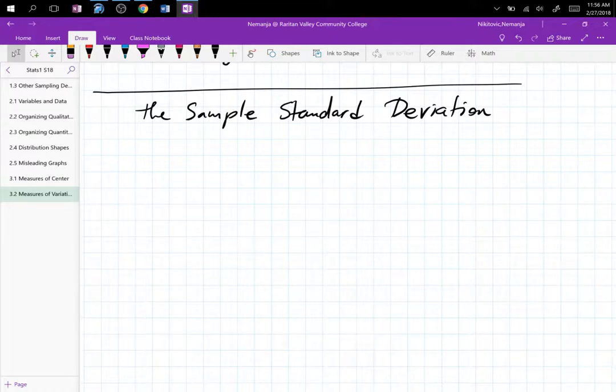I want to know the variance in the data because it's descriptive statistics, so I can see what the data set is like in terms of variance.